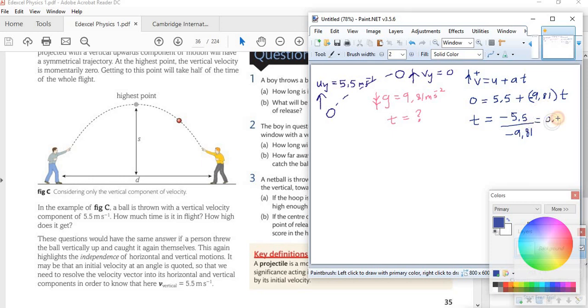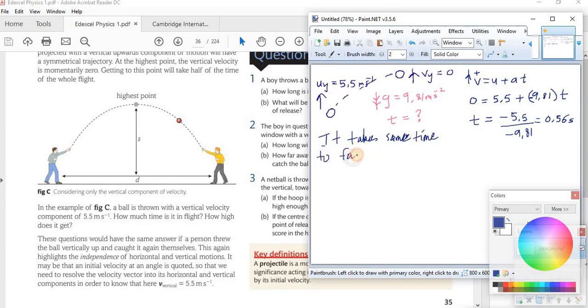But this is not the final answer. This is the time it takes to go up. Now it takes the same time to come down. So we can say it takes the same time to fall back down.